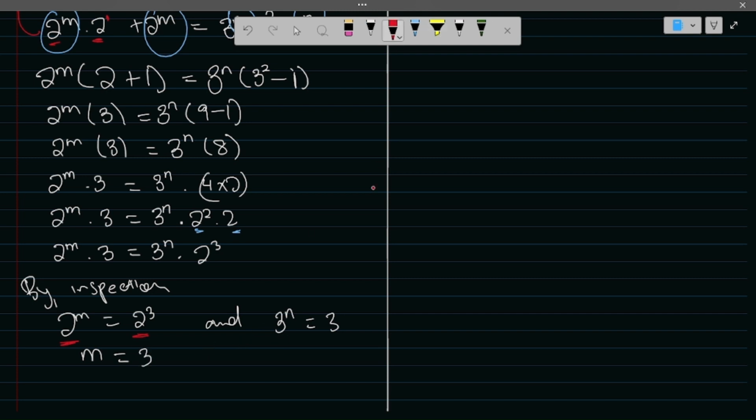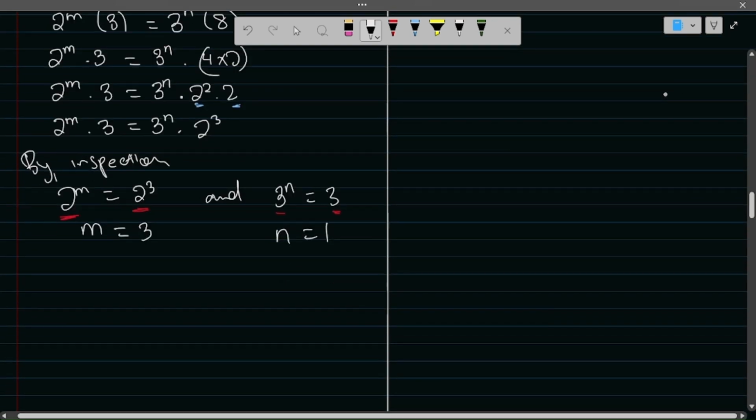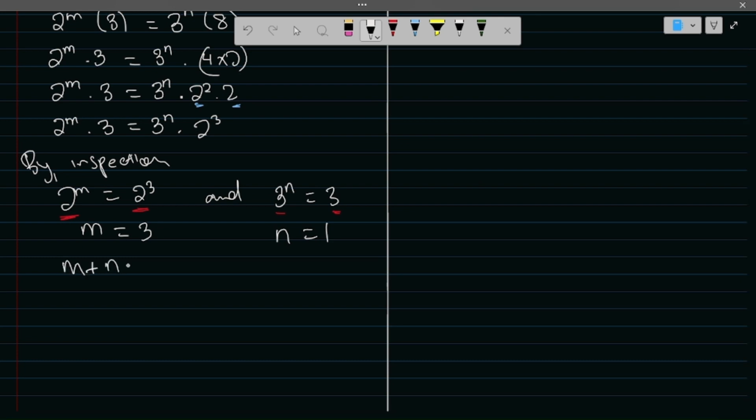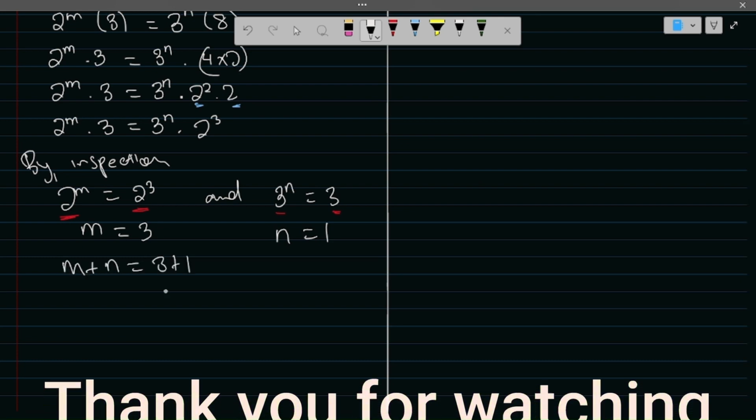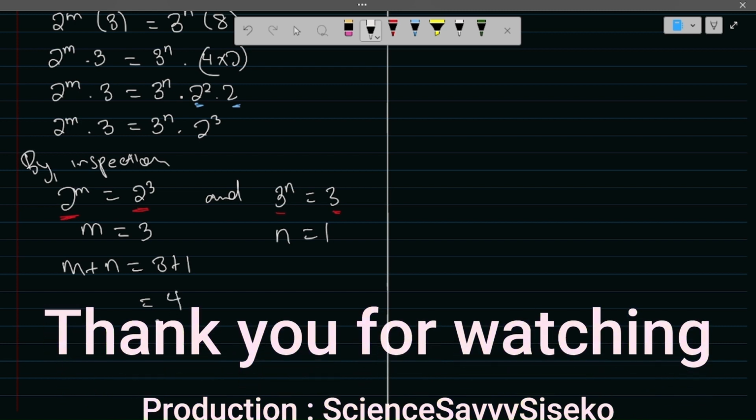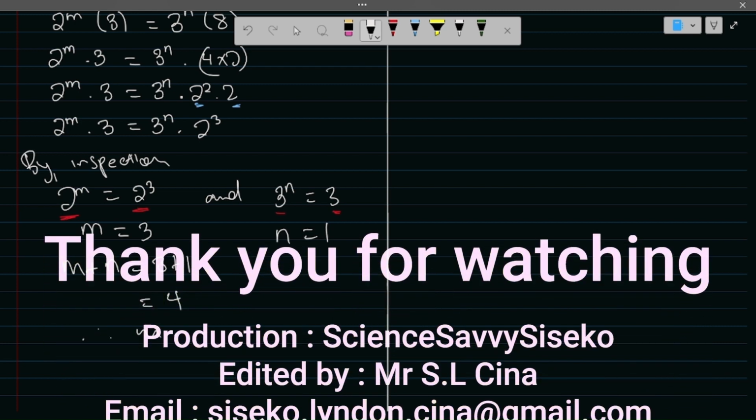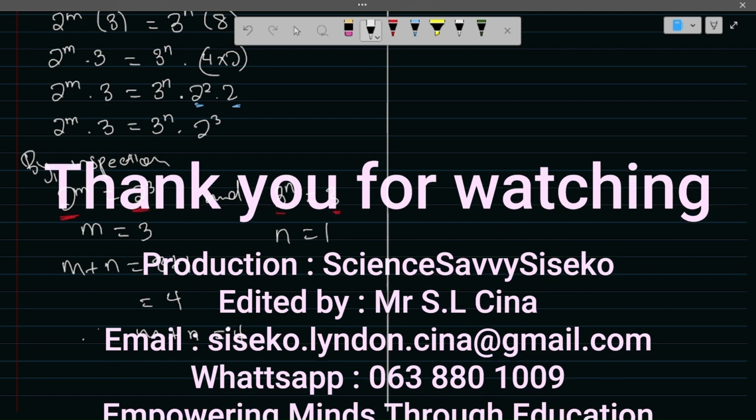Bases are the same again, so drop the exponent: n is equal to 1, right? So now we're left with m plus n, which is equal to 3 plus 1, which is 4. Therefore m plus n is equal to 4, right?